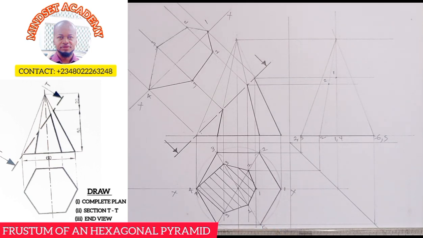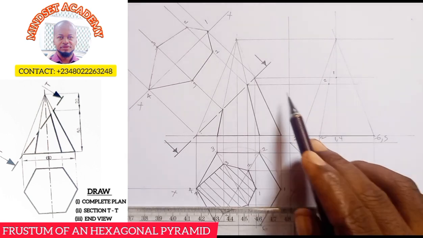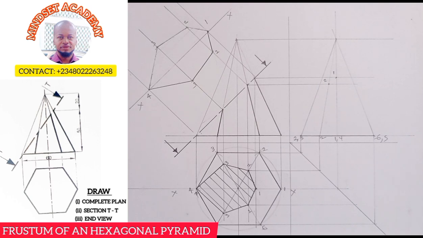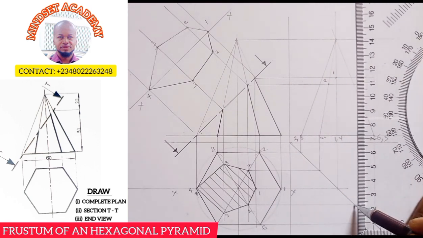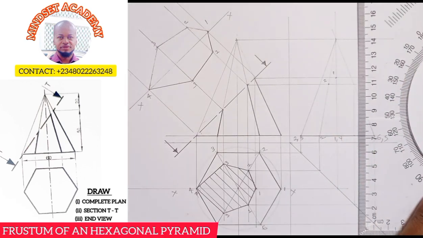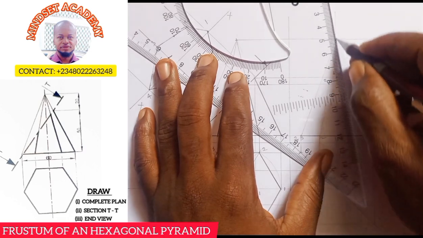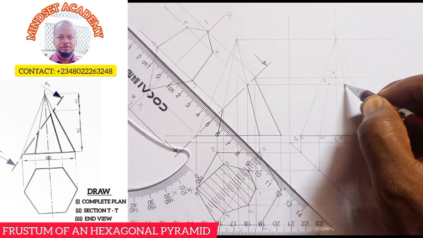Now, if I come here again, if I move to this point 2, and this is still the line of point 2 here. So I am going to take it upward. So when it stops here, I'll now generate it towards the center, towards the apex. So point 2 also is meeting point 2 at this point.